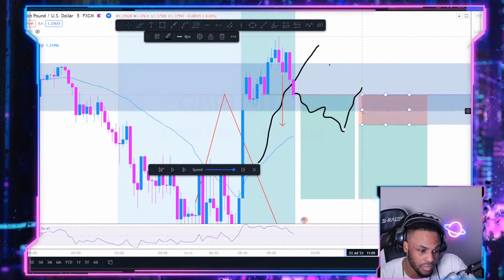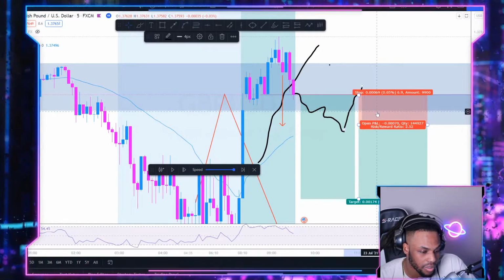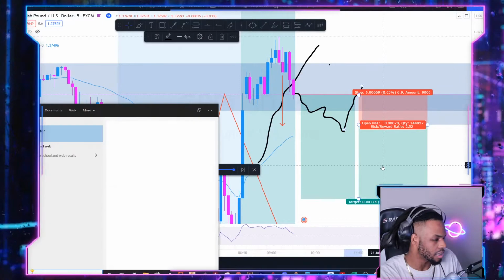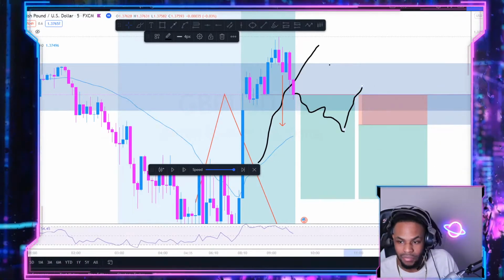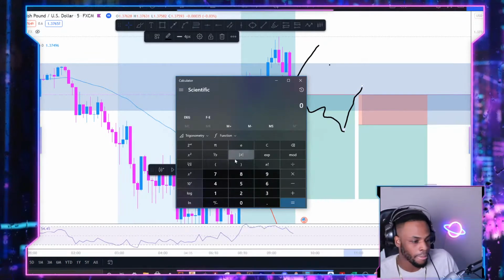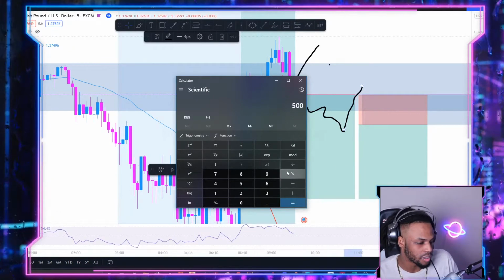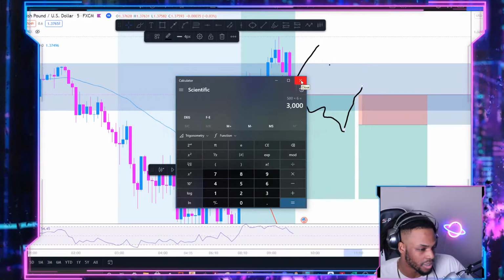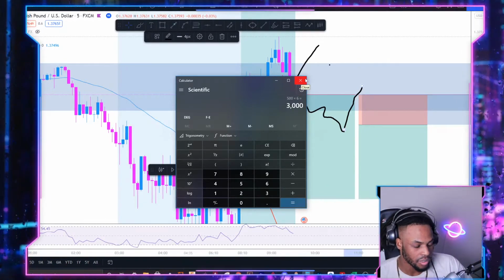So I'm now risking $500 to make, was it, sorry, get my calculator. I could do math a lot faster. So now I'm risking this $500 to make, what did I say, 6? So 1 to 6. So I'm now risking it to make 6, or to make $3,000.